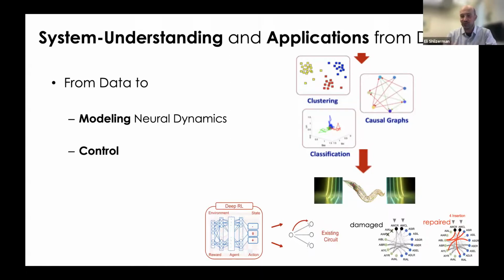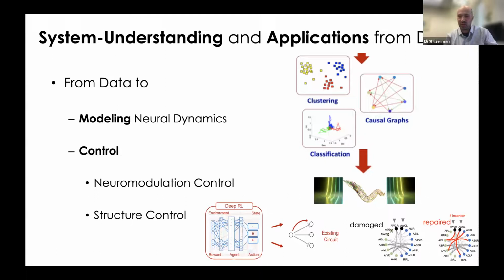And also control, so closed loop applications, then taking the lessons that we learned from data processing and then targeting them towards control. Both control, which is a neuromodulation control, so it's like using these Utah arrays or even bigger arrays in terms of stimulating neurons at the right time, and also structure control, how we can rewire maybe the network such that it will be, for example, repaired from a damage. But this is more futuristic in terms of the data approaches.